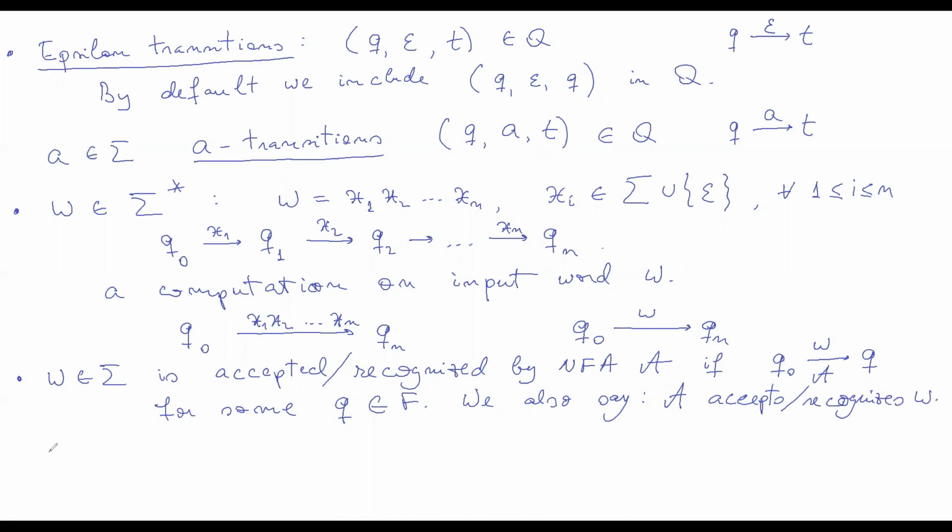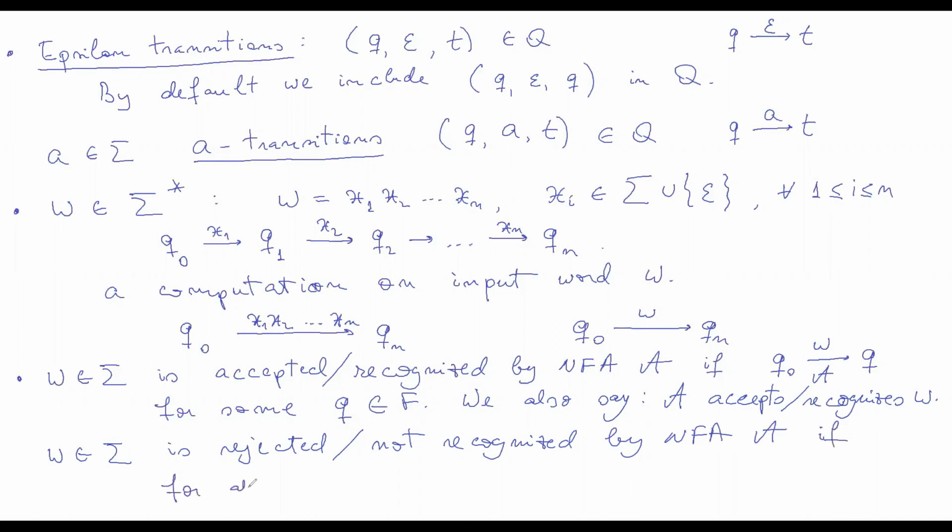And we will say that W in sigma star is rejected or not recognized by the non-deterministic automaton A if for all computations from Q0 to whatever state Q, Q is not a final state.